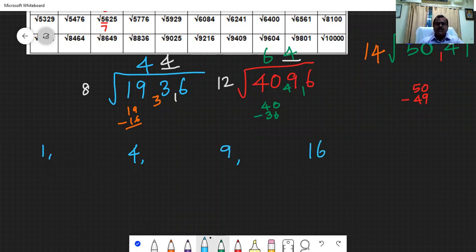Now my question is, in between we have non-square numbers, that is 2. Is 2 a square number? No, sir. 2 is not a square number. 3 is not a square number. 5, 8 and 10 also, sir. 5 is not a square number.